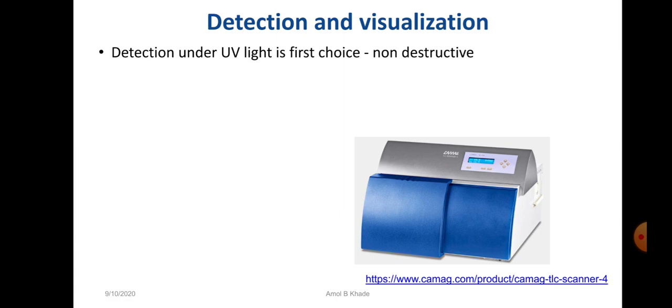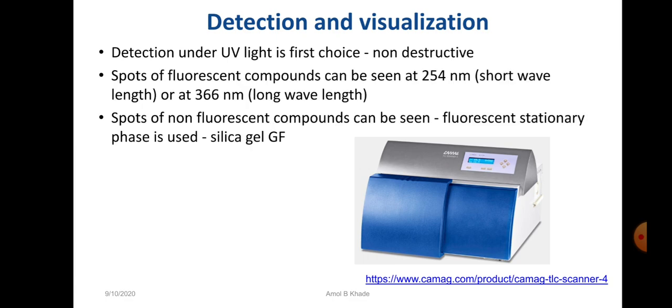Then this is again a modern detector which scans the developed plates, and it will detect and identify what spots we have developed. So usually the preferred method for detecting the spot is seeing the plates under UV light. That is the first choice, because this will not destroy our sample.